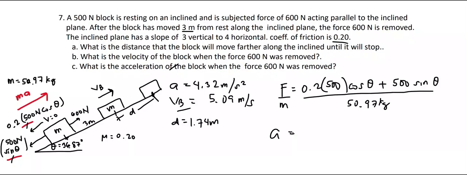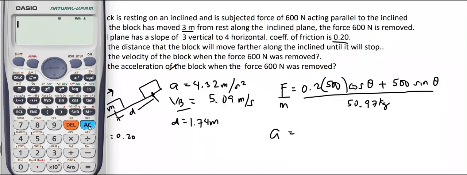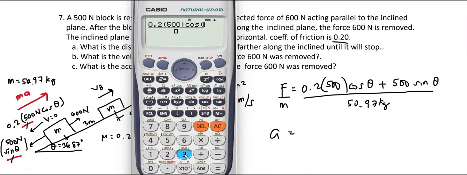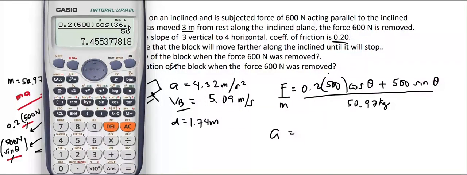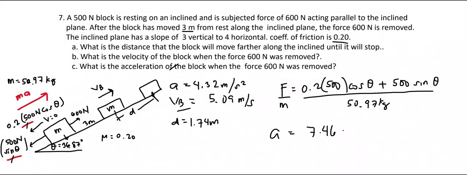So we have our acceleration equal to 0.2 times 500 times cosine of 36.87 degrees plus 500 sine of 36.87 degrees divided by 50.97. We get our acceleration equal to 7.46 meters per second squared.